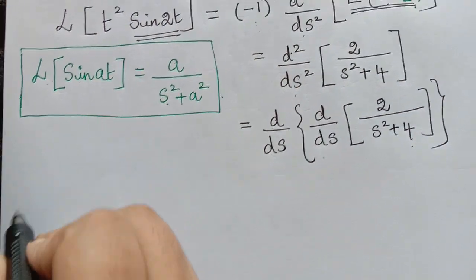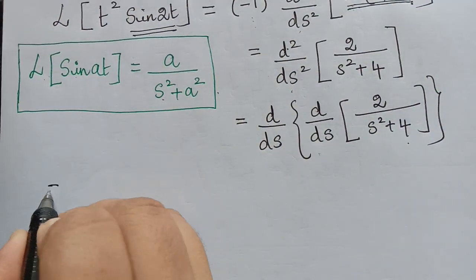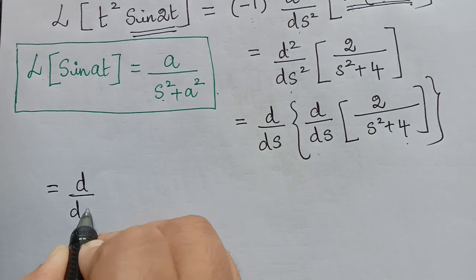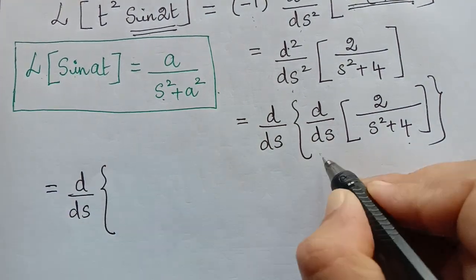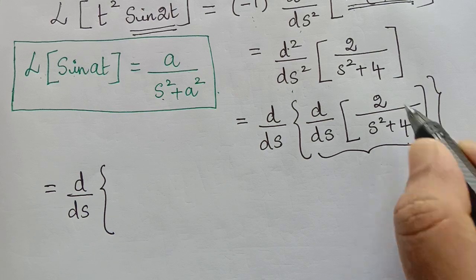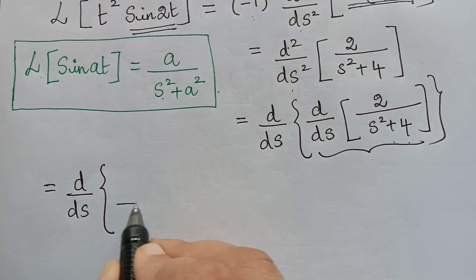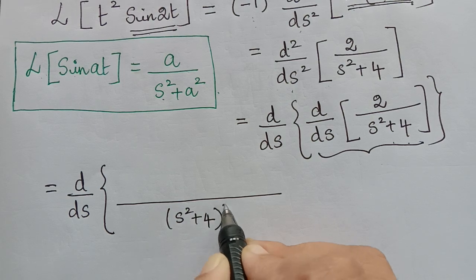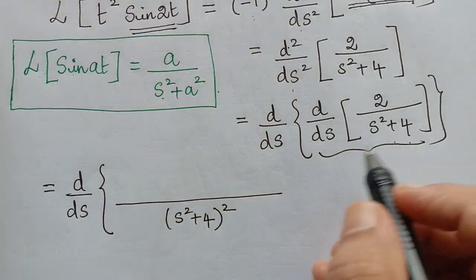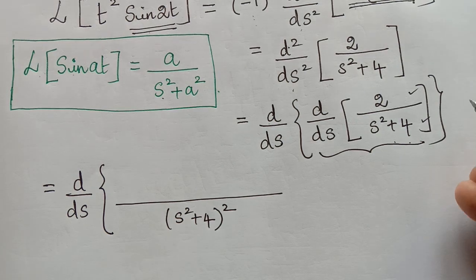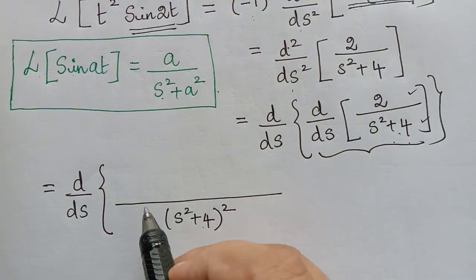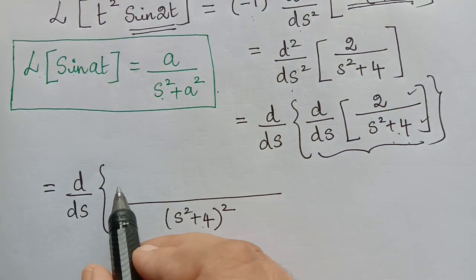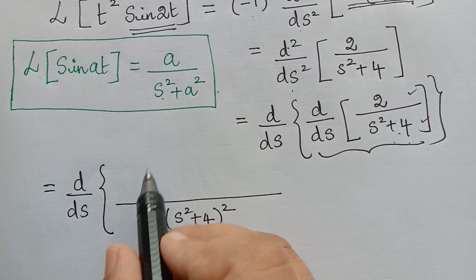So let us continue now. This will be further equal to d by ds of, now let me differentiate this by using the u by v rule. The denominator will be s square plus 4 the whole square, because it is v square. This is u, this is v. In the numerator we have v multiplied with u dash minus u multiplied with v dash.